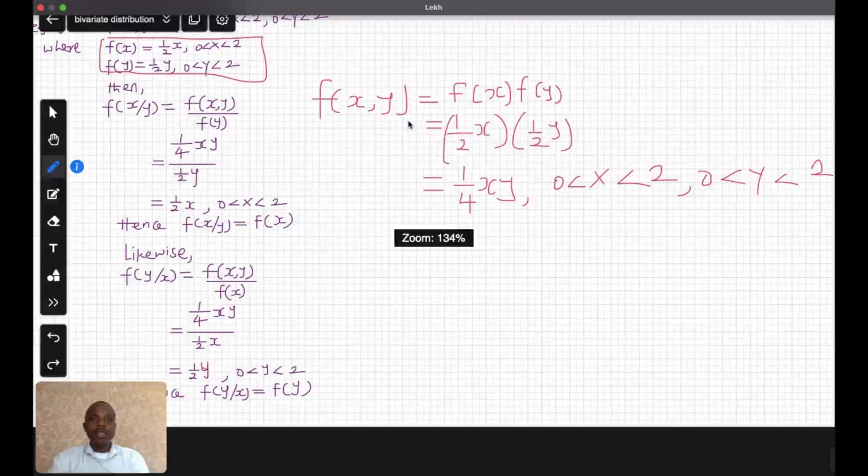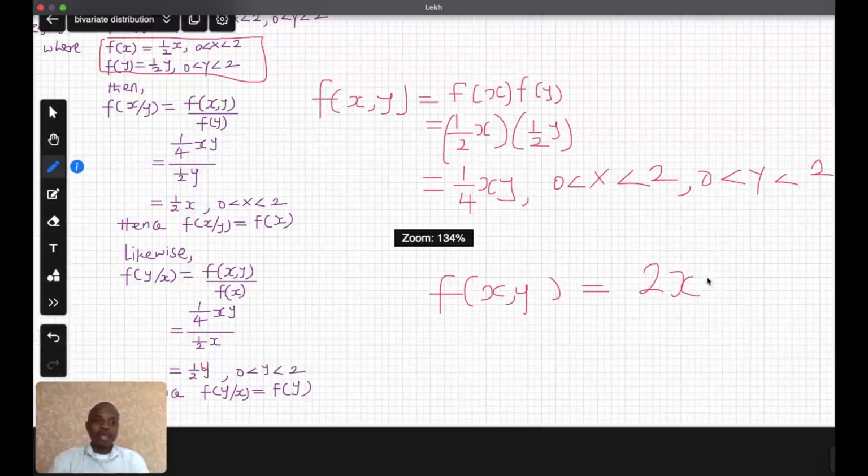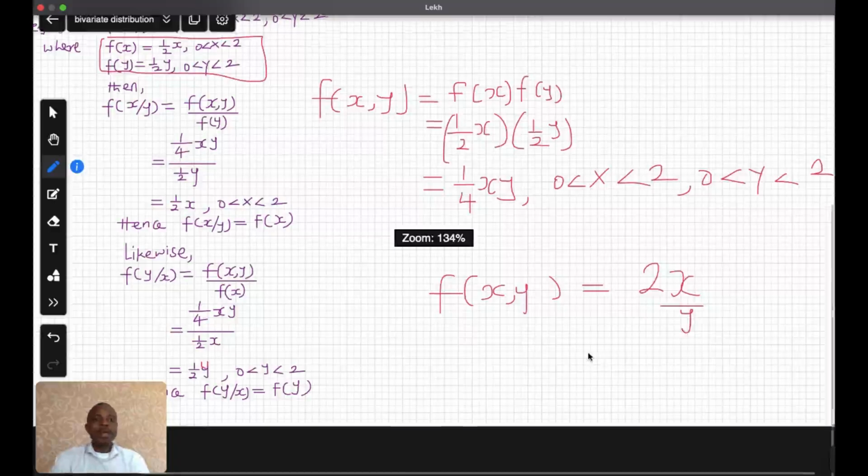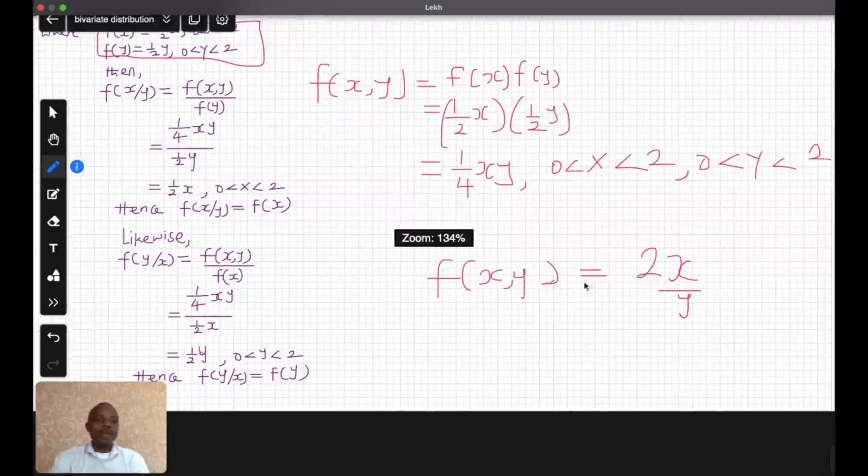So if you are given a distribution and you are asked to show that the distribution, whatever it is that is written here, anything it is, maybe for instance, I'm not saying now that this is a distribution, but let's just assume that this is it. Okay, and you have some range of values for x and y, and then you are asked to show that they are independent.